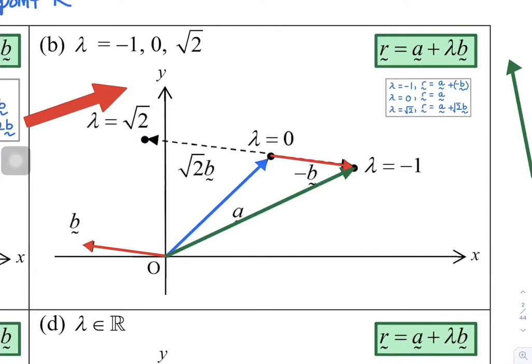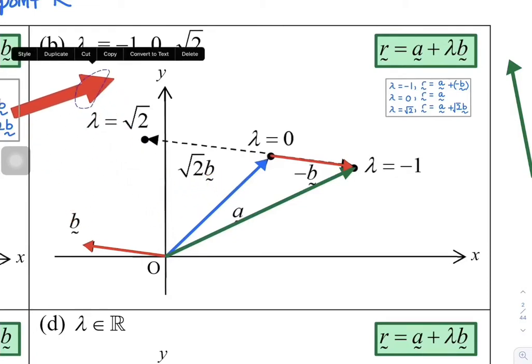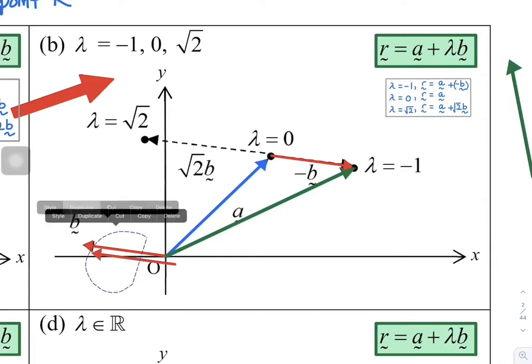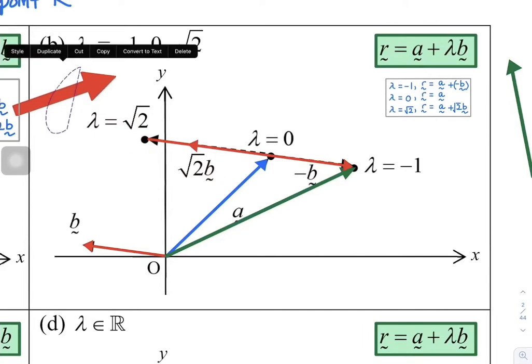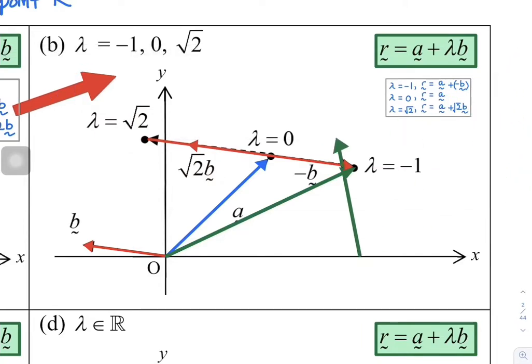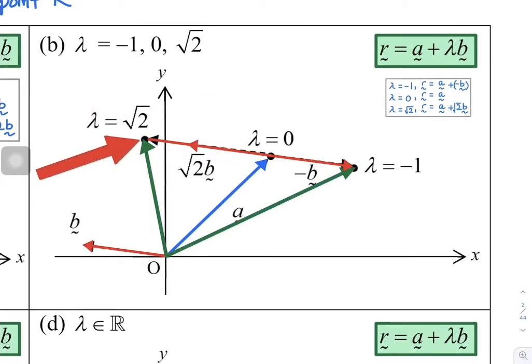When lambda is equal to square root of 2, we are actually adding the vector A with the vector square root 2 B. Square root 2 B has the same direction as the vector B but is different in length. So when we add the vector A to the vector square root 2 B, the resultant vector is given by this vector over here, which represents the point situated over here when lambda equals square root 2.